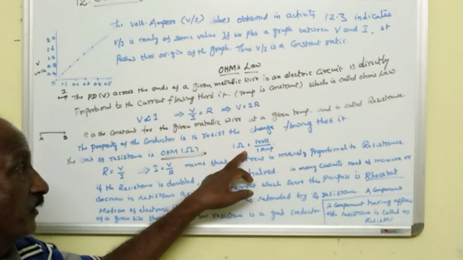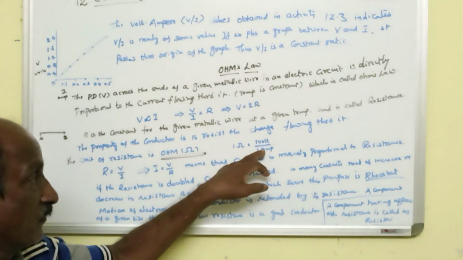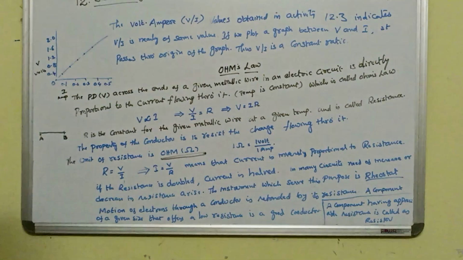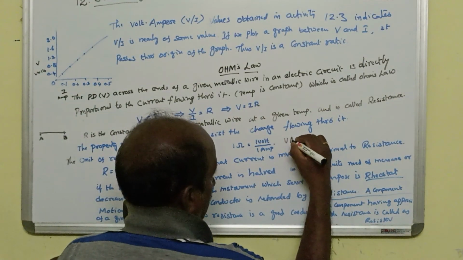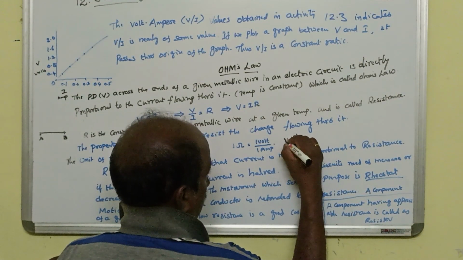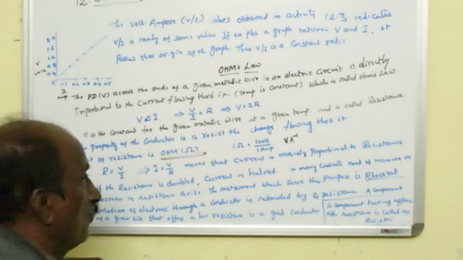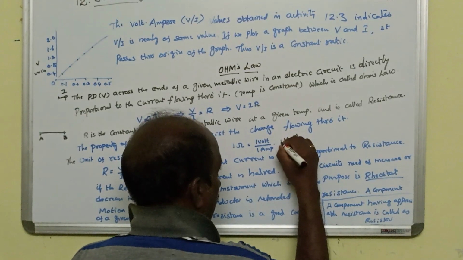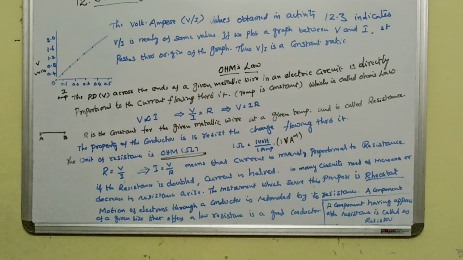The definition of 1 ohm is equal to 1 volt by 1 ampere, or we can simply say volt ampere inverse. 1 ohm is equal to 1 volt ampere inverse. This is a better way to remember.